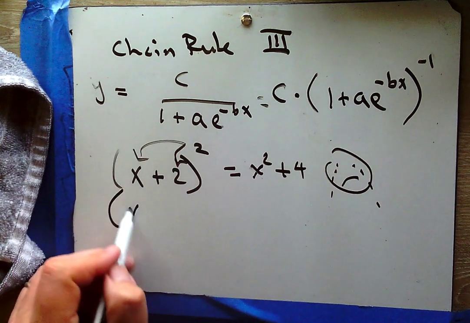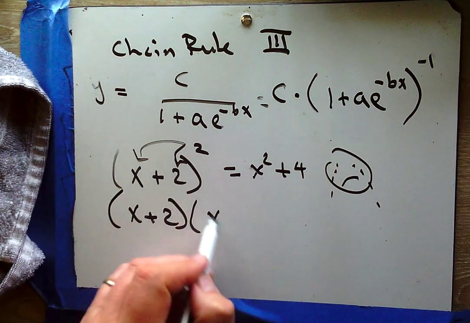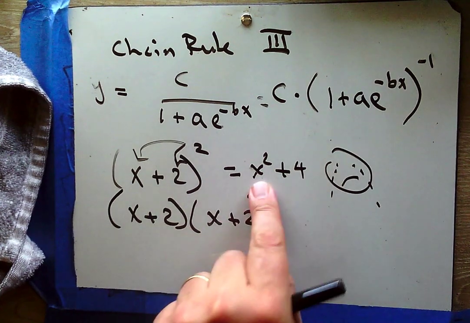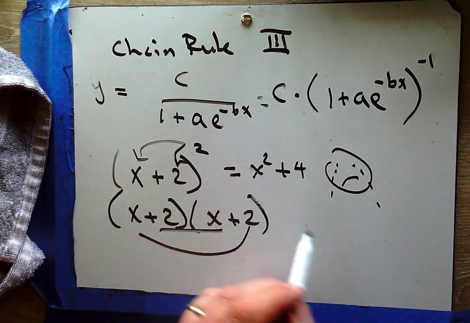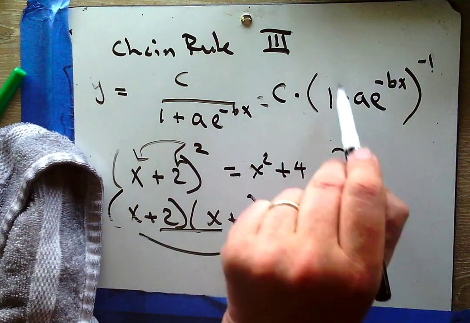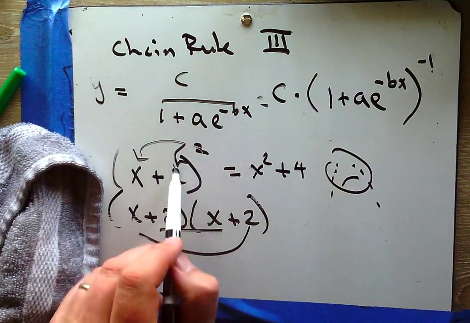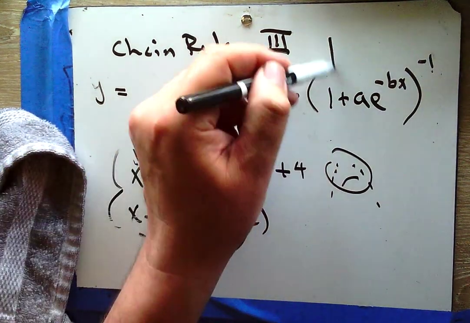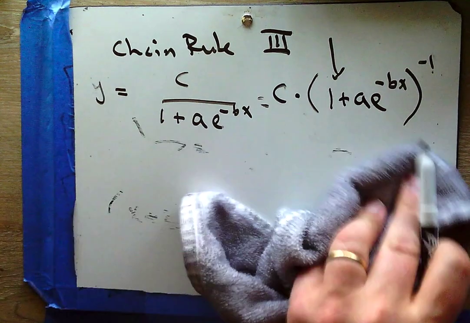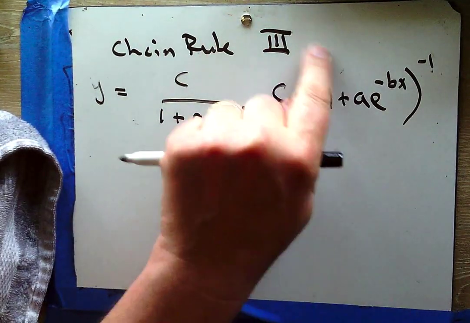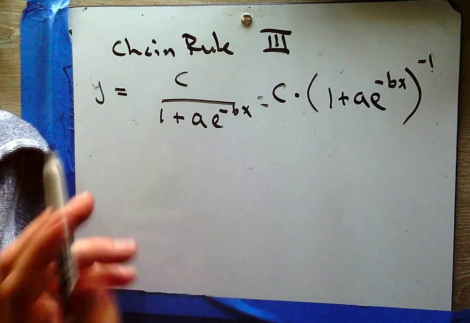Because you know that student was supposed to FOIL this out, and when they do, they get this stuff, but they also get 4x. So I'm not going to apply that exponent to each of these, because I see that plus sign. If it was plus or minus, I can't apply. If it's a multiplication symbol, yeah, I can apply.